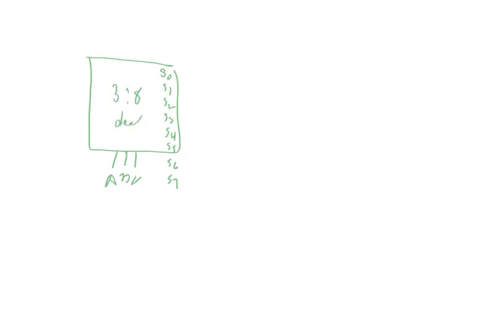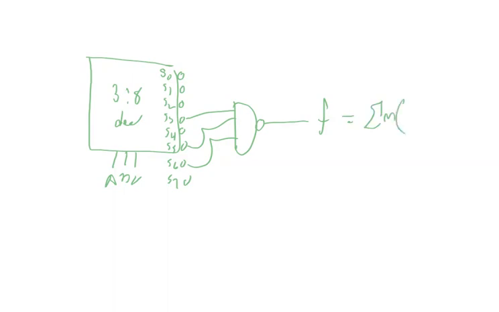And somebody took the outputs and inverted them. Oh no, what do we do? They've inverted all the outputs. And then they hooked S3, S5, and S6 all up to a NAND gate to give me a function. What is the function stated in canonical sum of products form?